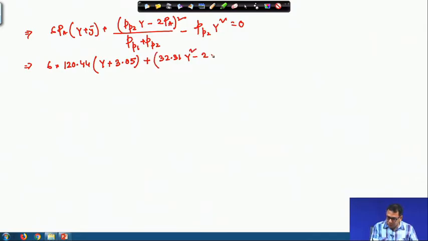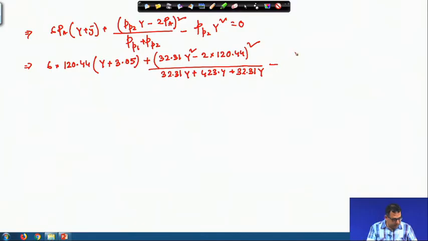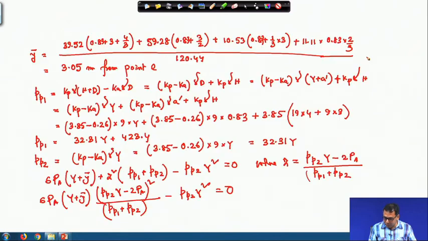So, minus 2 into PA is 120.44, this is square, divided by PP1 is 32.31 capital Y plus 423.4 plus 32.31 capital Y, PP2, minus 32.31 Y into Y square, that is equal to 0, because PP2 is Y, there is a Y term.